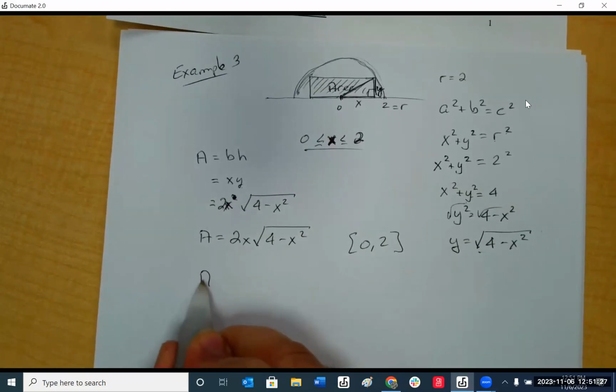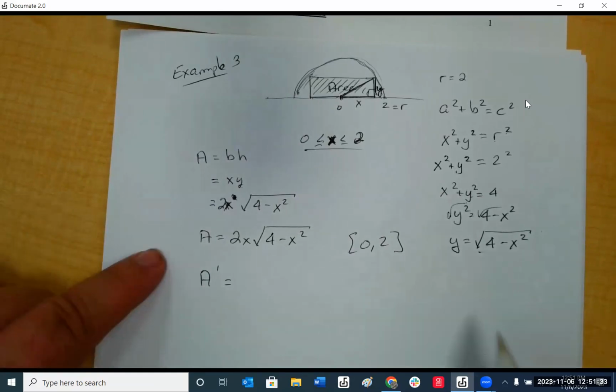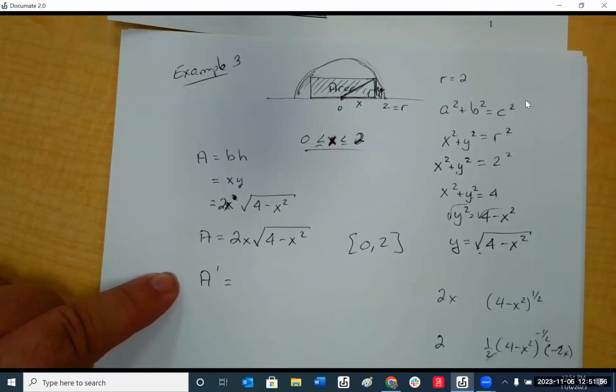So let's find the first derivative. So 2x times 4 minus x squared to the power 1/2. So it's 2 times x times 4 minus x squared to the power negative 1/2 times negative 2x. Those two cancel.